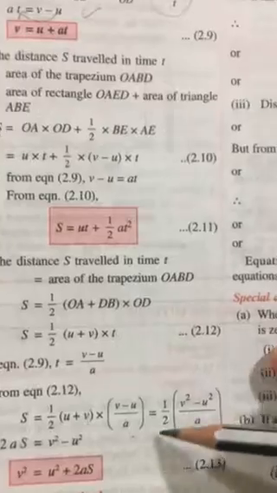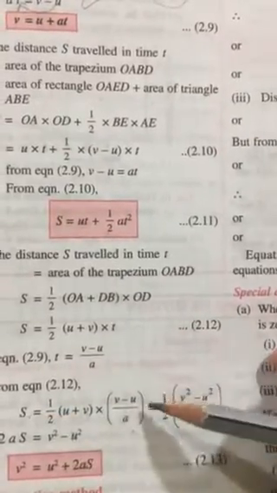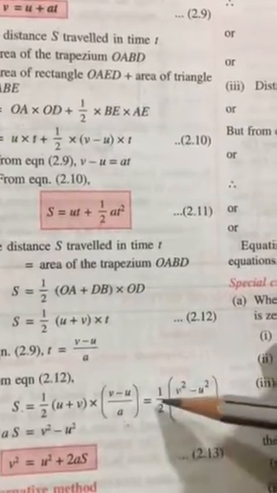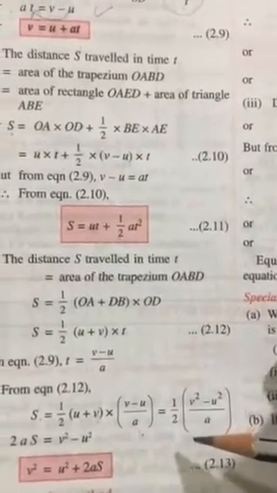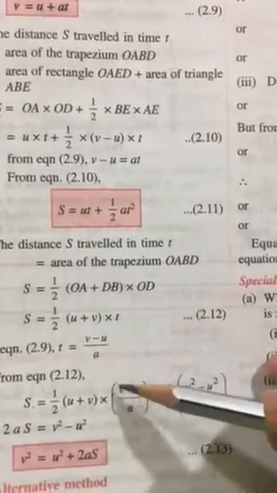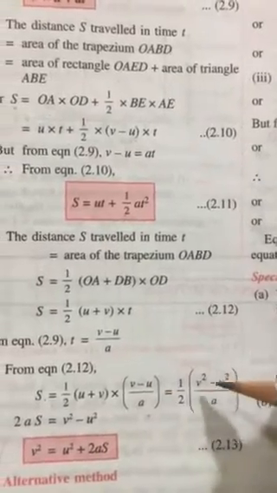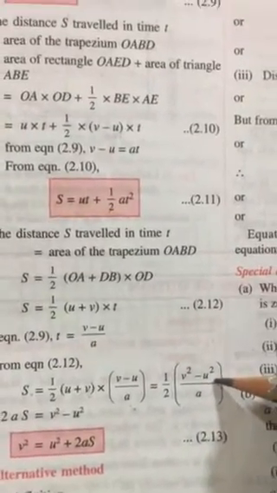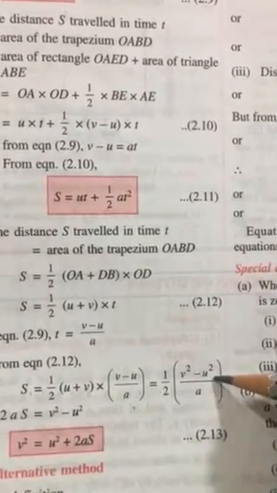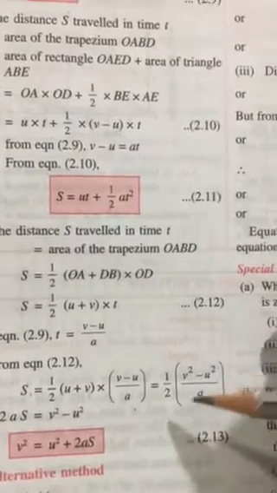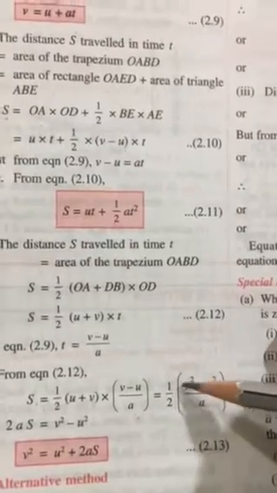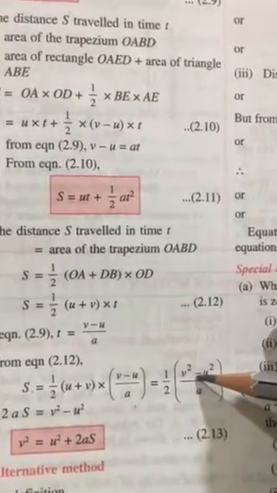Hence the total distance S is equal to half multiplied by V square minus U square upon A. Hence, 2 into A is in the denominator and V square minus U square is in the numerator.